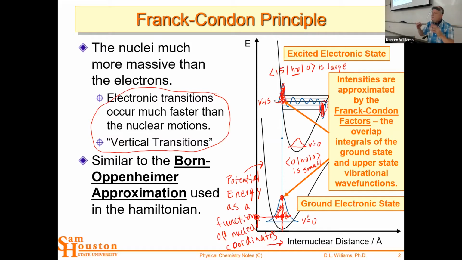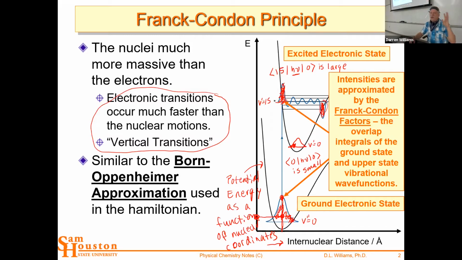And the reason it's small is because there's really no overlap between those wave functions. There's just a little bit of this edge here that interacts with this edge of that one. And you see the overlap of those wave functions is really small when compared to the overlap of this wave function and that wave function. Can you see that visually?